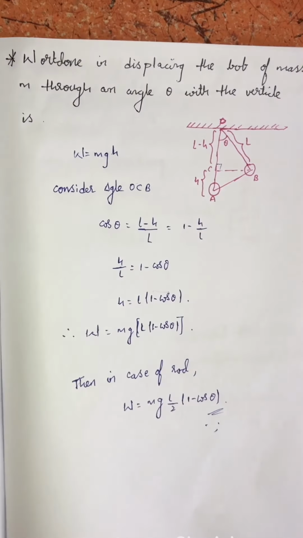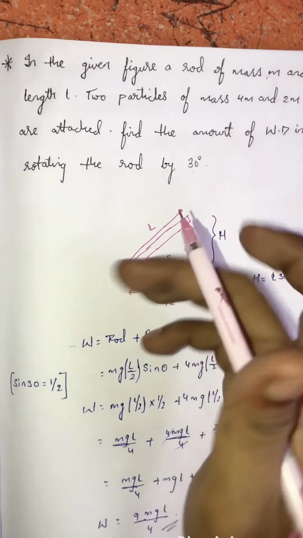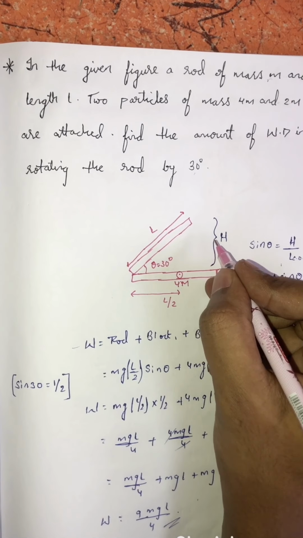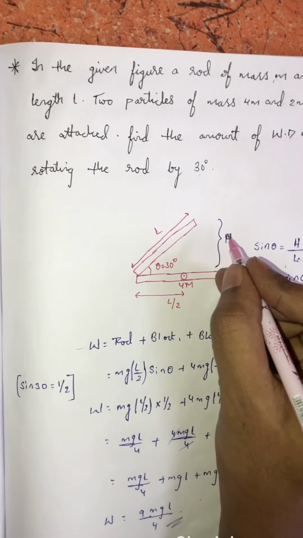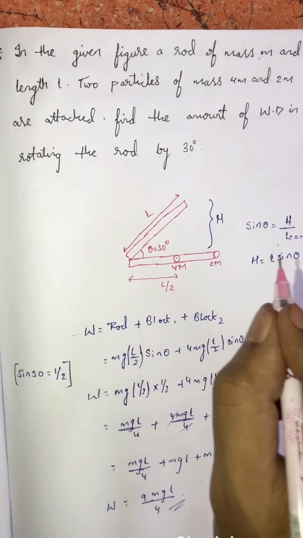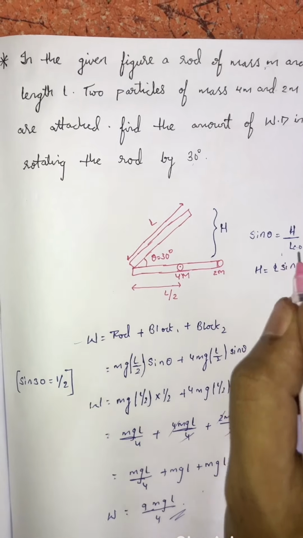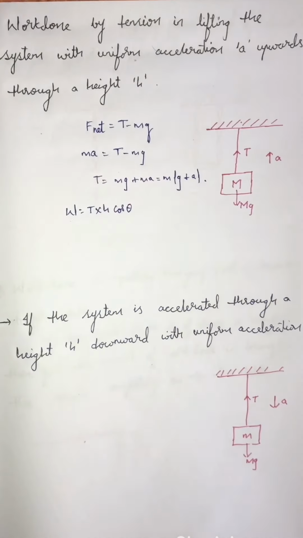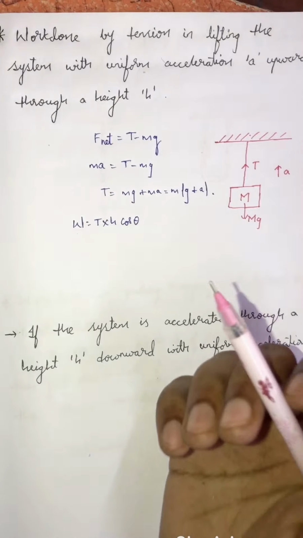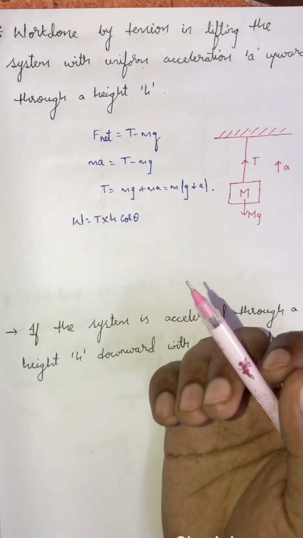In the case of the rod problem also, the force is acting upward and the displacement is also upward. Cos theta involves the angle between the force and displacement. Both are acting in the same direction, so the theta value is 0, and cos 0 will be equal to 1.